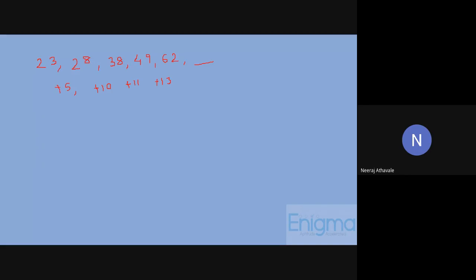The answer is यहाँ पे if you add this thing 2 plus 3, it is nothing but 5. 2 plus 8 addition is 10. 3 plus 8 addition is 11. 4 plus 9 addition is 13. So 6 plus 2, it should be plus 8. Answer will be 70. Okay. So this is another possibility of answer or logic.